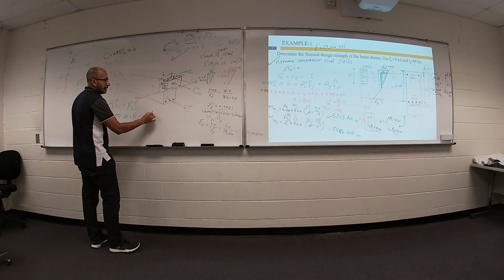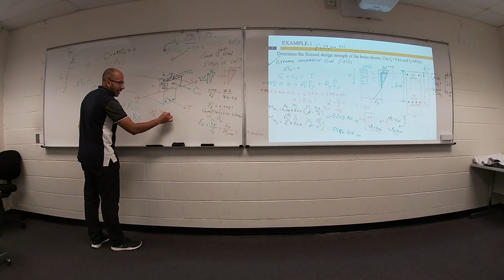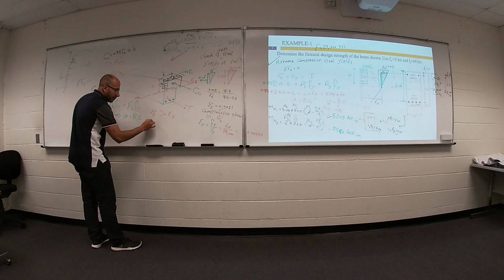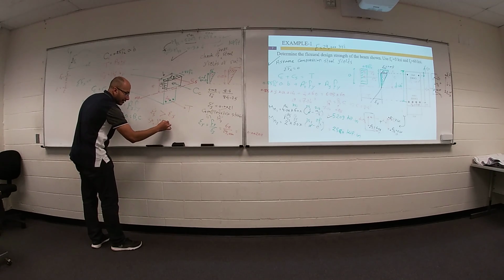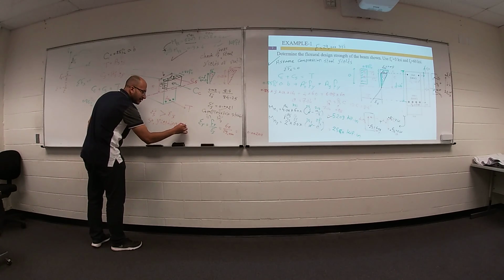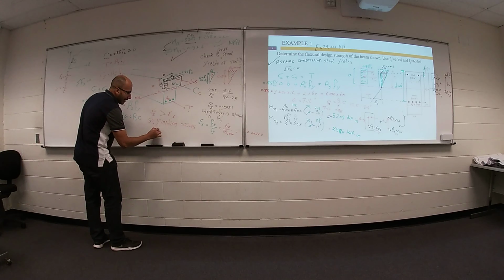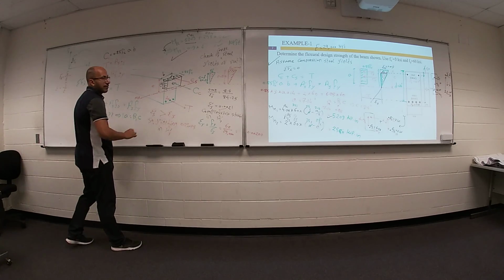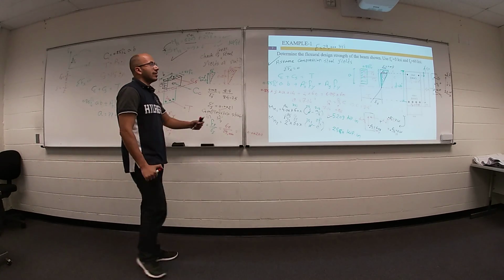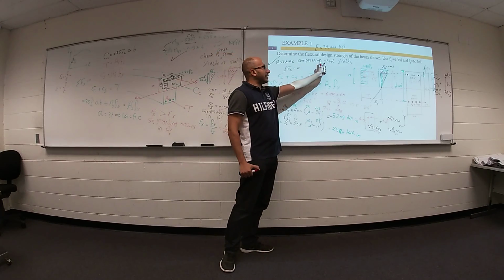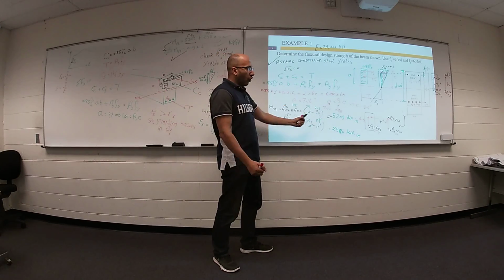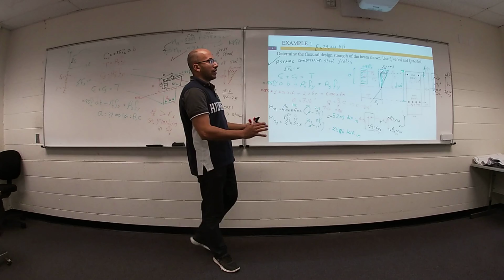So epsilon steel prime is greater than epsilon yield, so yielding occurs in area steel prime. So your assumption is correct. Compression steel yields. So all of this calculation is correct.